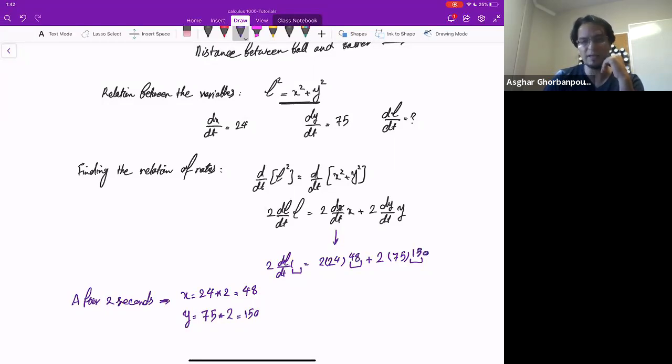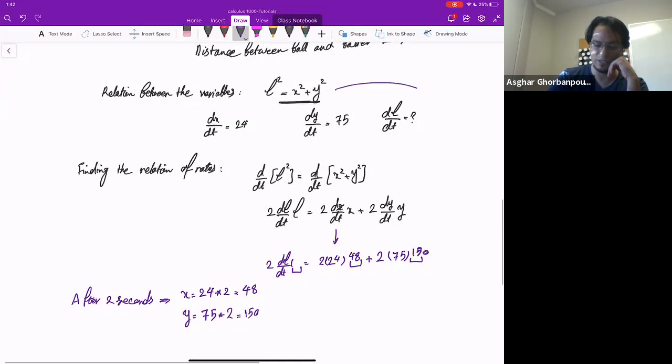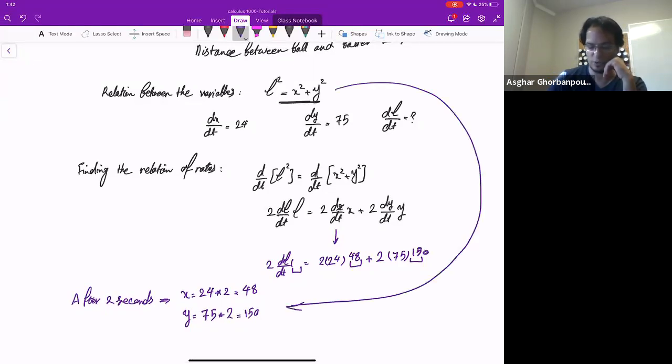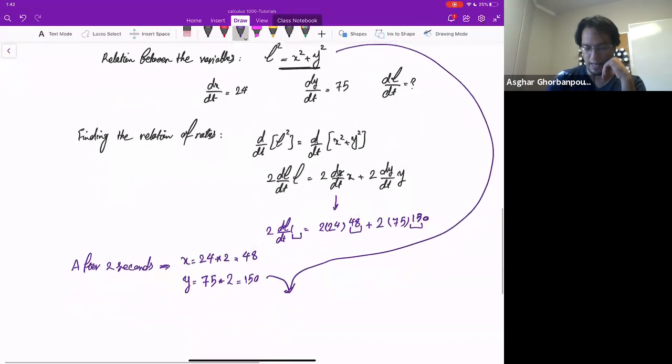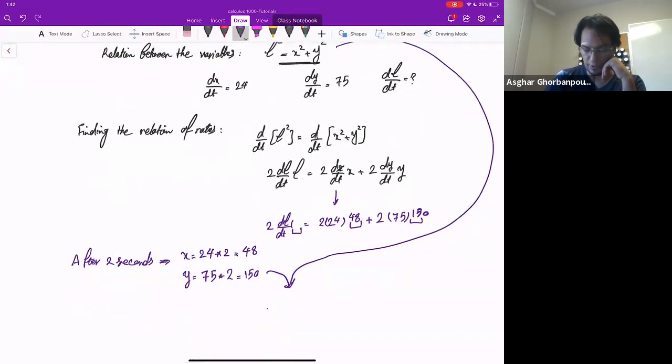How about L itself here? This is where the original equation is going to help us. If you consider the relation between x, y, and L, now you can plug in there. L squared is going to be 48 squared plus 150 squared.